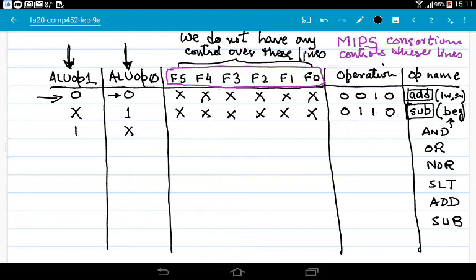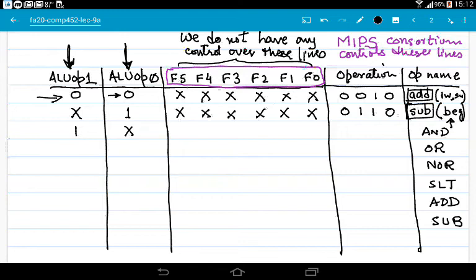By the way, there's no need to remember these function codes.